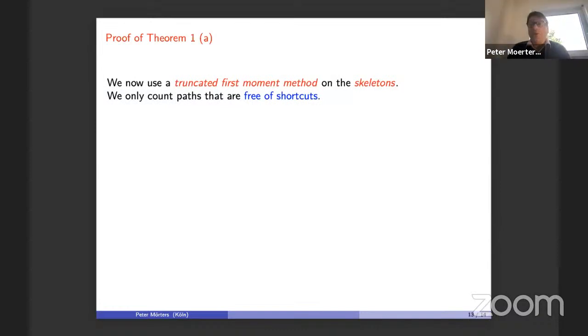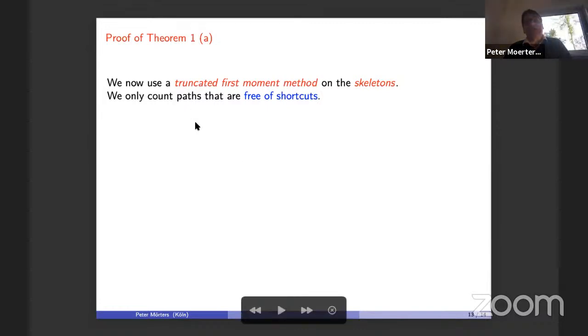We now use the truncated first moment method on the skeletons. You still have to make sure, on the skeleton, you can't just do the first moment method because the expectation would still be dominated by paths that go to such low marks that they actually don't exist. But you can deal with this now by a truncation.